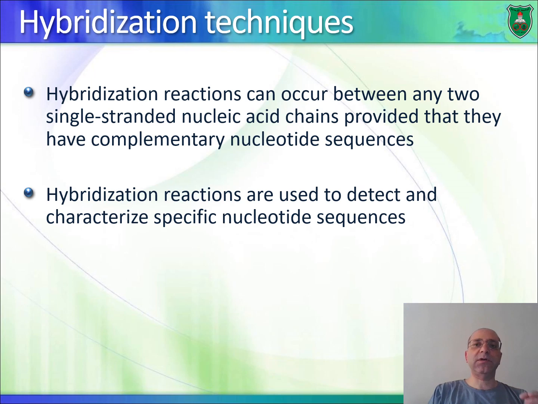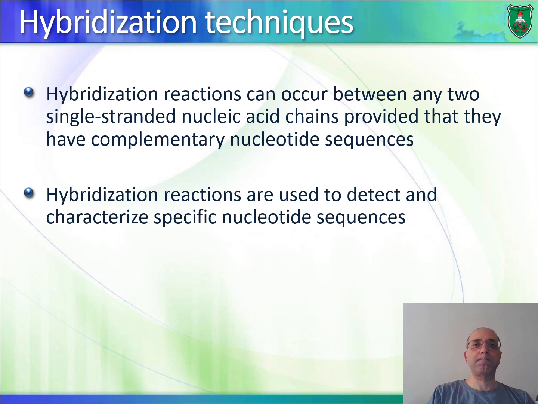And the concept of hybridization is based on complementarity of DNA strands. Again, you have an A on one strand, you have a T on the other strand, you have G on one strand, you have C on the other strand, and so on. So this is what hybridization is all about.